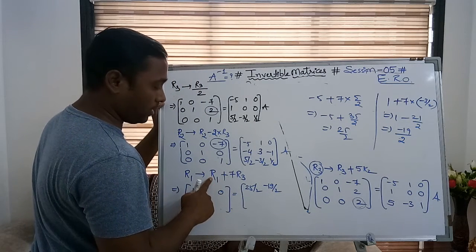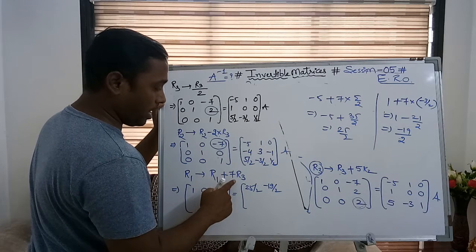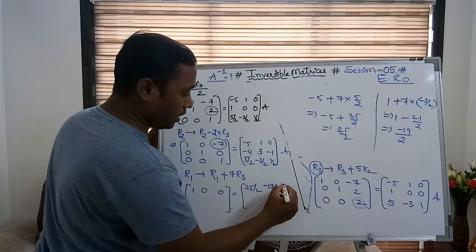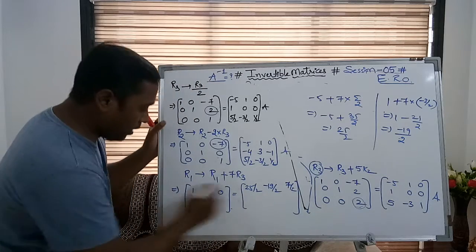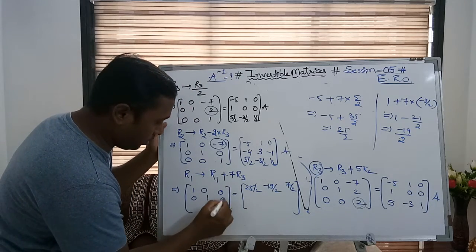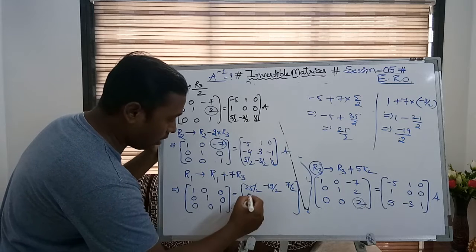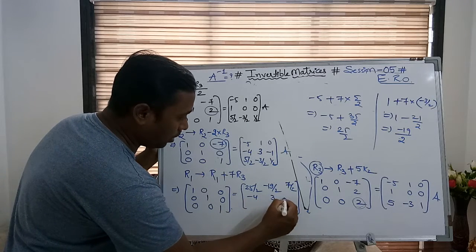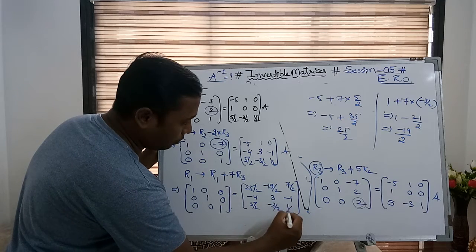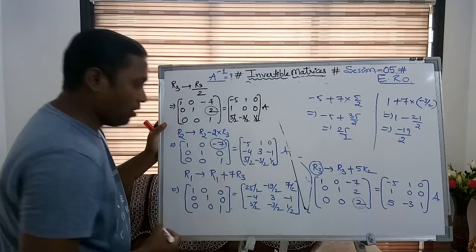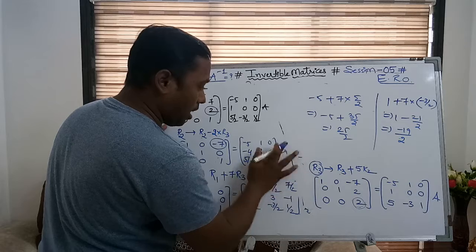Similarly R1 is 0 plus 7 times 1 by 2 is 7 by 2. Nothing else. Now the rest of the rows are the same. So 0 1 0, 0 0 1 here, minus 4 3 minus 1, 5 by 2, minus 3 by 2 and 1 by 2.